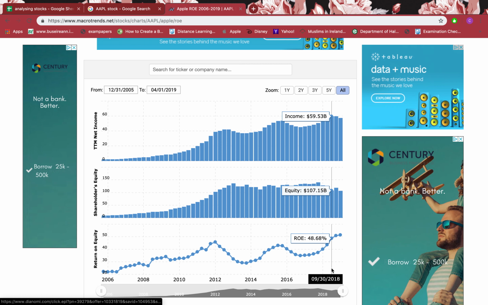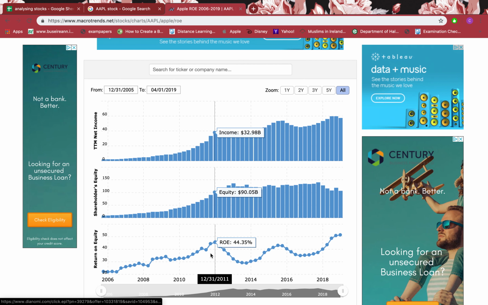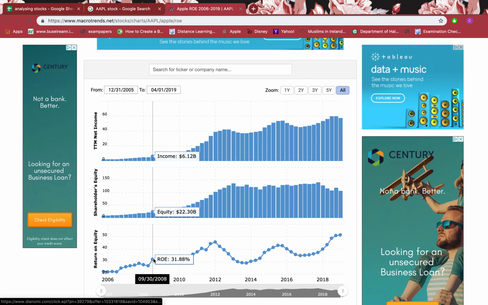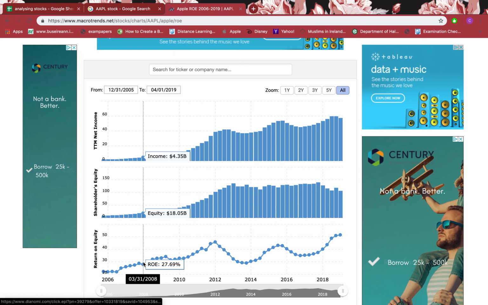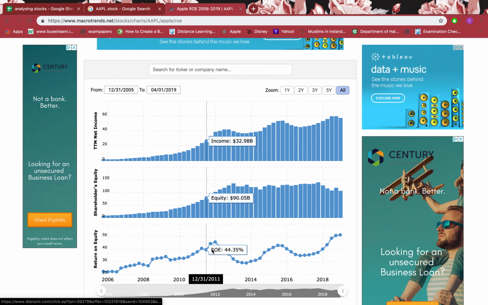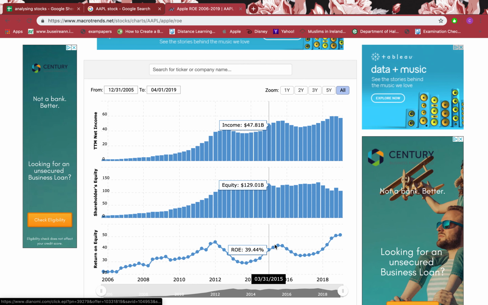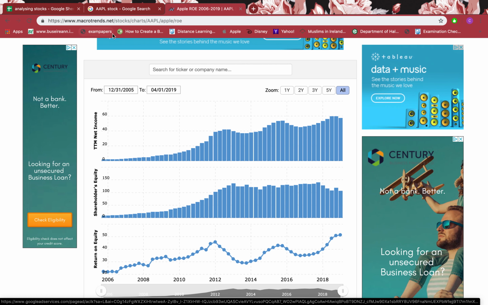And if I go back, it's consistently above 8%. Yeah, it has been above 8% all the time. Which is very good because it has some ups and downs, you can see, but still it has been consistently above 8%, which is very good.